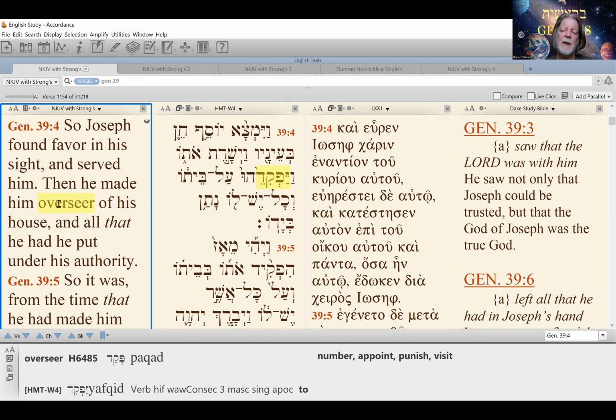It says a pachad has reference to a number, an appointment, punishment, visitation. But I think the foundational meaning of this word is a stewardship, a job or a mission that is given to someone to bear some responsibility and benefit by it.